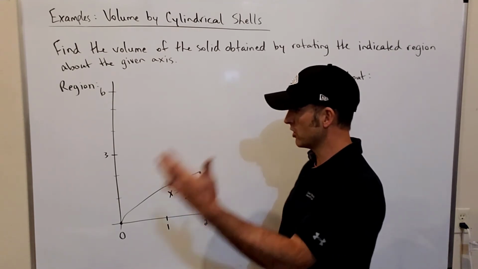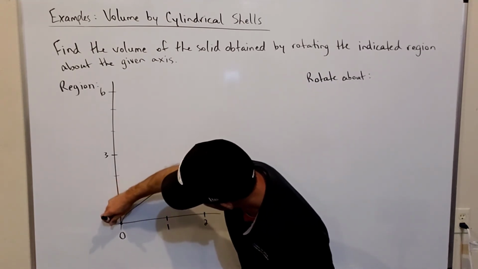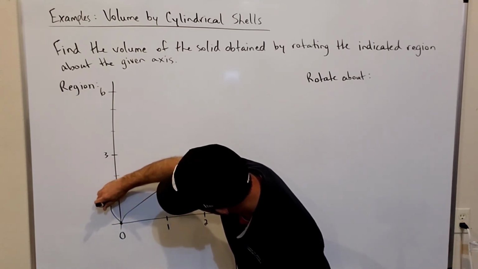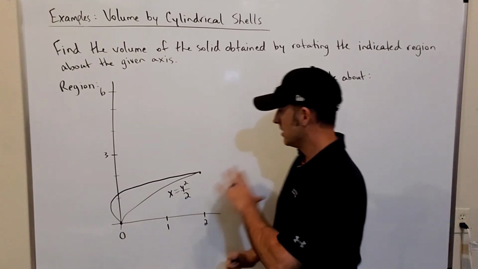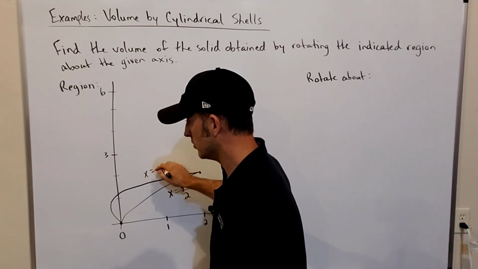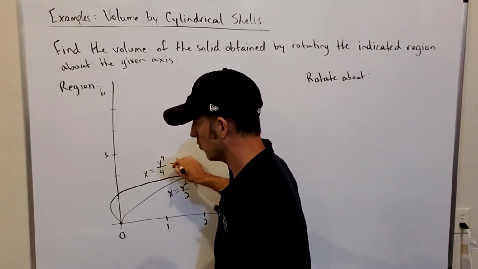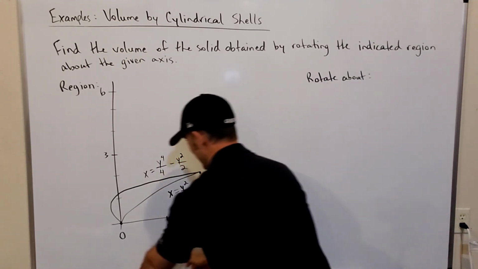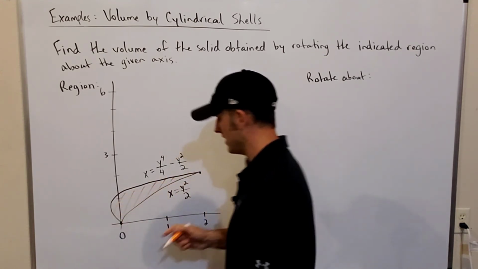And then the curve above that also goes through this point, but it sort of comes out like this. It's concave down and then curves back around and then over like this, okay? So looks something like that. And the equation for this curve is x equals y to the 4th over 4 minus y squared over 2, okay? And so the region we're looking at, of course, is the region bound by those two curves, this region right here.